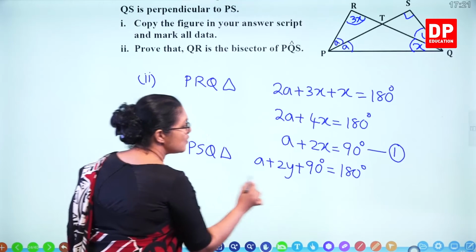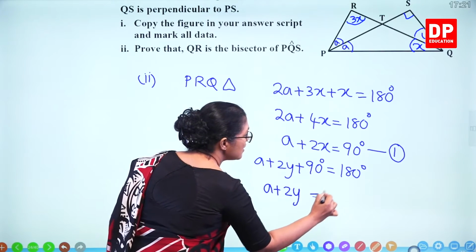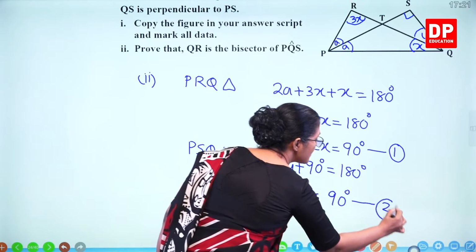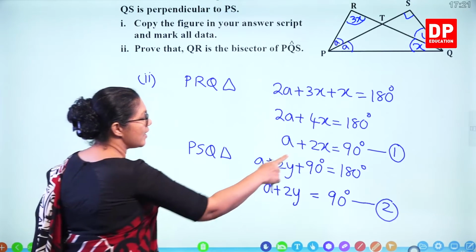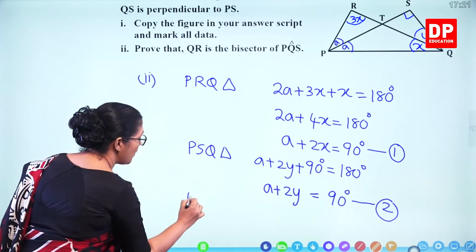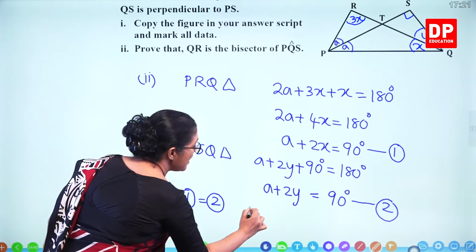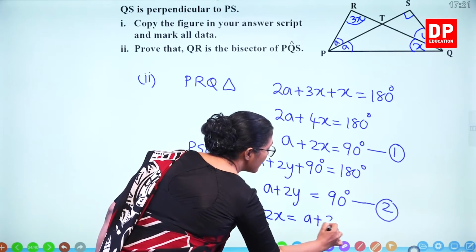When you take 90 to the other side, you get a plus 2y equals 180 minus 90, that's 90. Now look at the first and second equation. Both sides give 90 degrees, so you can equate 1 to 2. So that means a plus 2x is equal to a plus 2y.